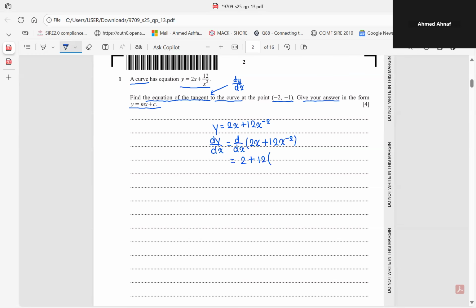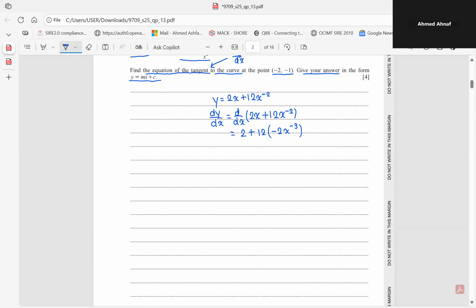You bring down the negative 2 and subtract 1 from the existing power, so this would be x to the power of negative 3. So the final answer for dy/dx is 2 minus 24 x to the power of negative 3.